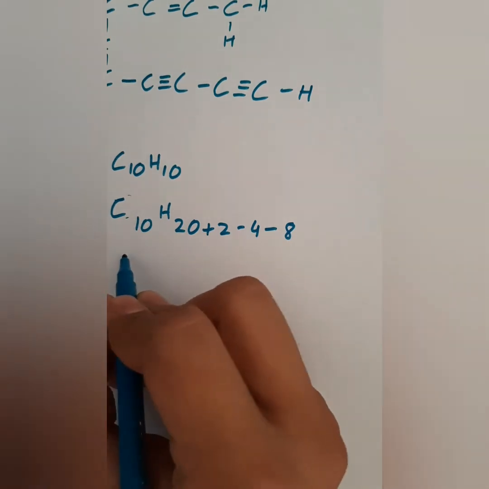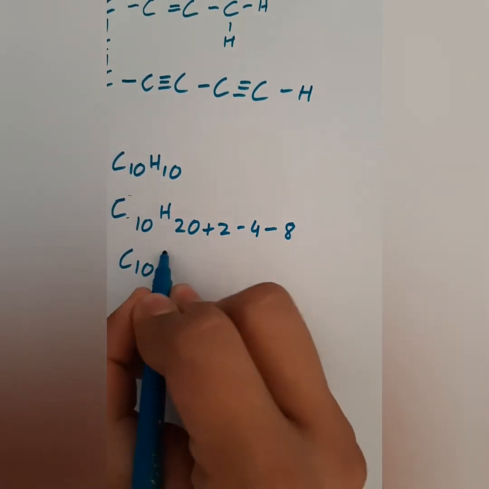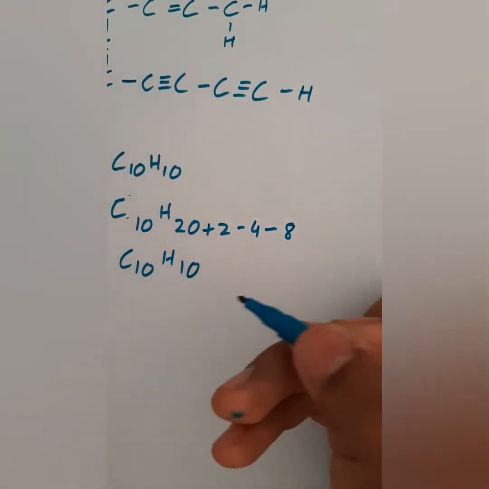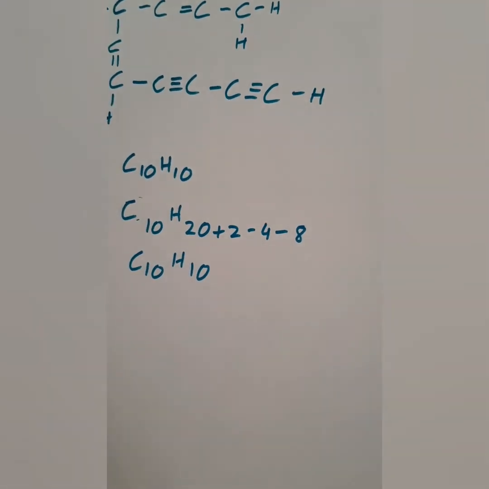So if we work it out, we get C10H10. So this again proves that this formula holds good for all carbon chains as long as it is not branched. For branches, this formula won't work.